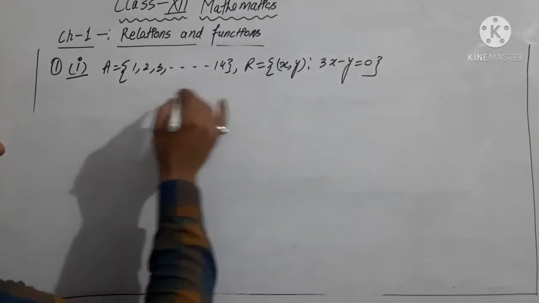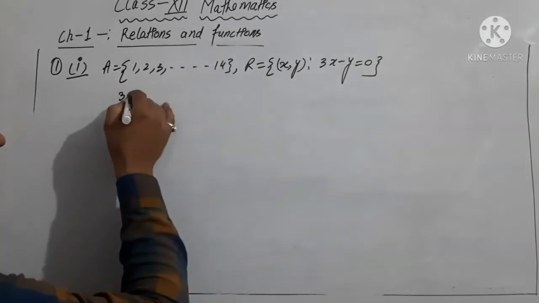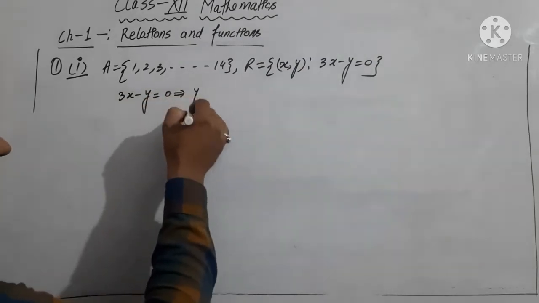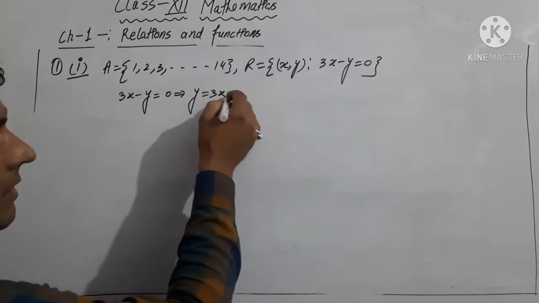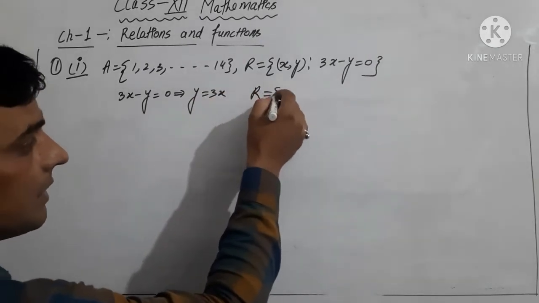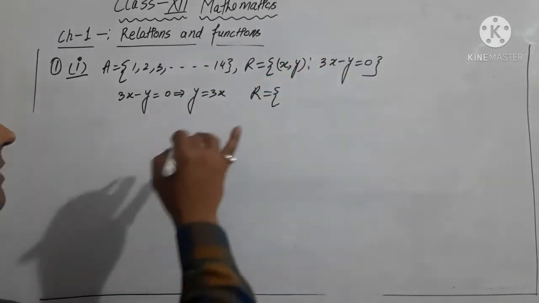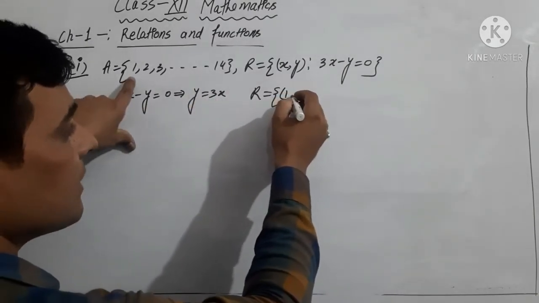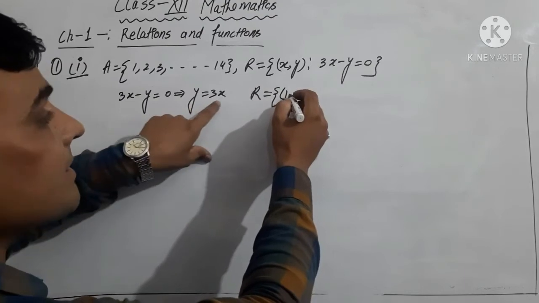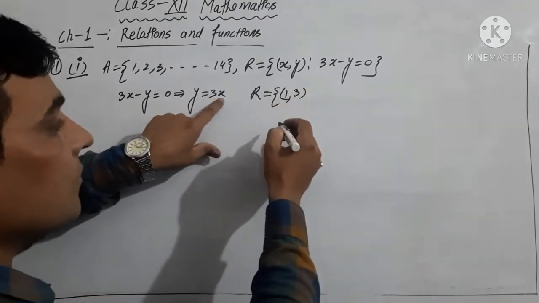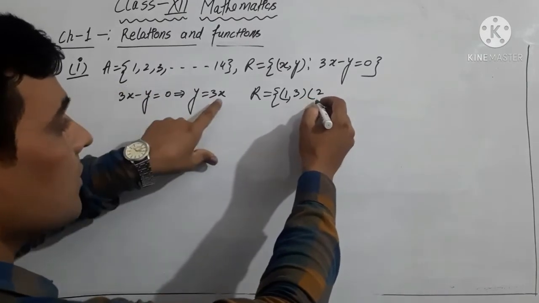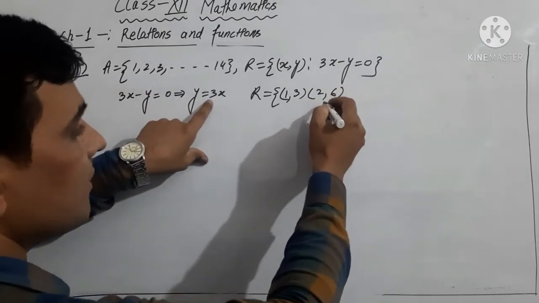Now from the given relation 3x minus y equal to 0, this implies that y equals 3x. So to write the relation in roster form, on putting x equals 1 from this set, we will get the value of y as 3. 3 ones are 3. For x equals 2, 2 threes are 6, so the value of y will be 6.